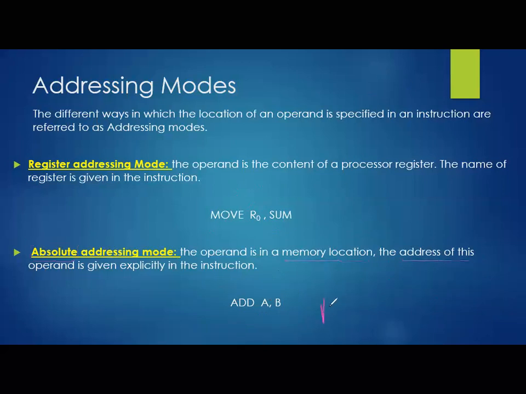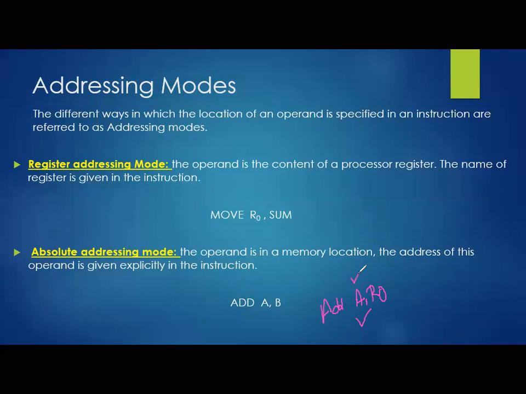One more example, like A comma R0. If this is the case, what should we call it: register addressing mode or absolute addressing mode? It is absolute addressing mode. See here, the source operand is residing inside a memory location, and that memory location's address is specified exactly in your instruction.